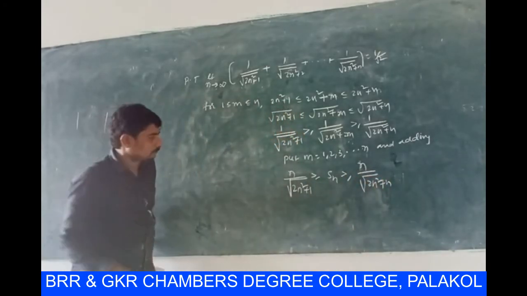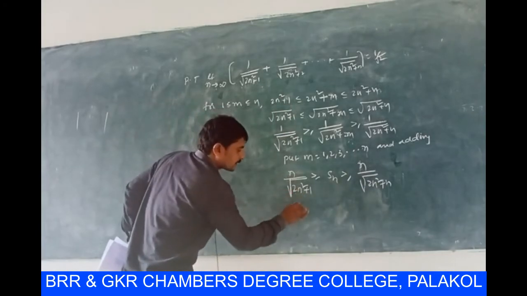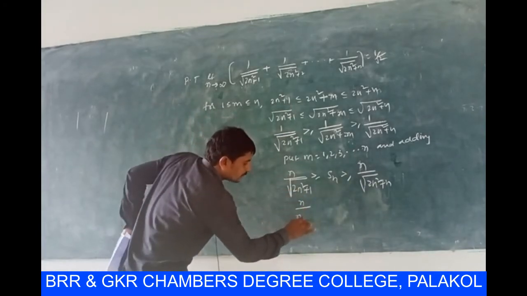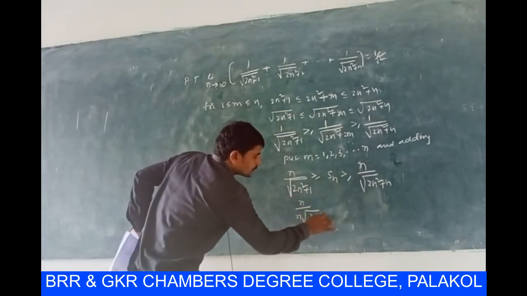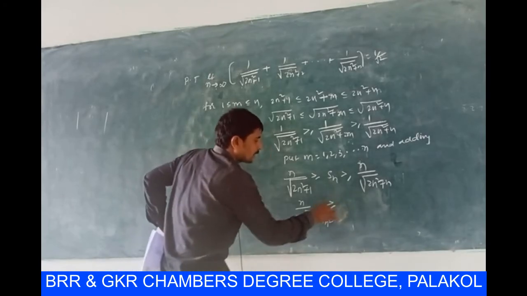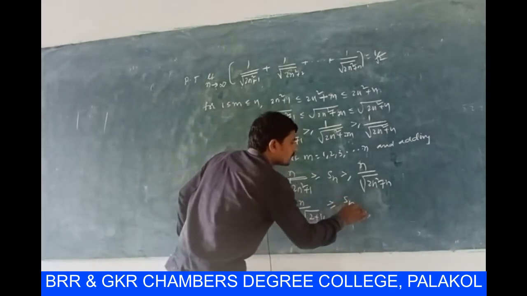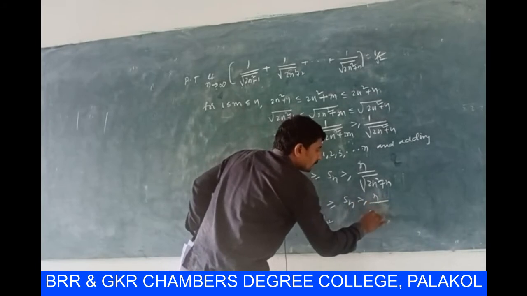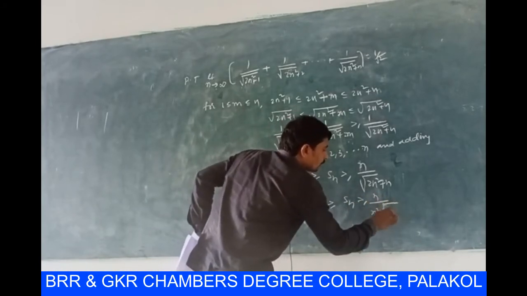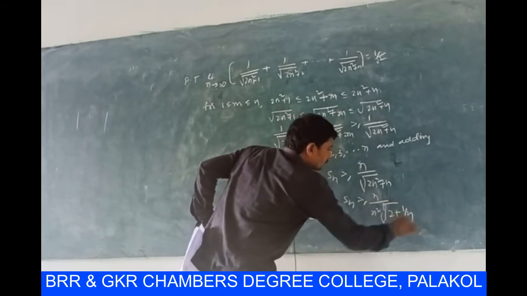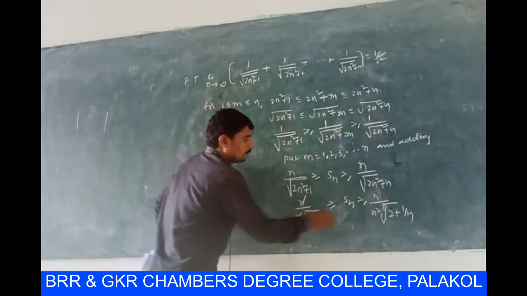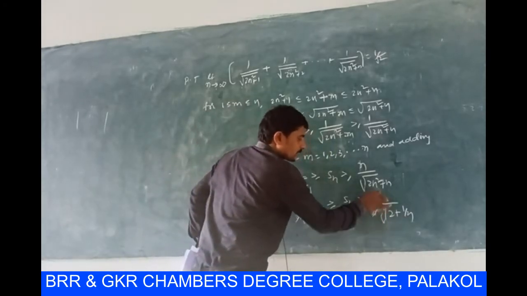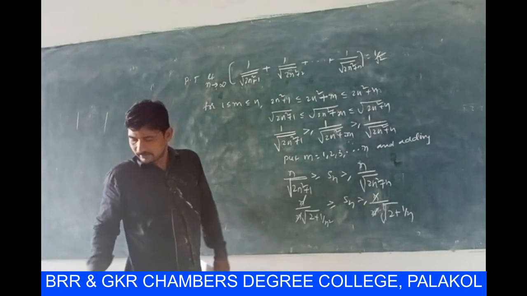Now in this, by taking n square as common, n into root of 2 plus 1 by n square is greater than or equal to Sn greater than or equal to n by n into root of 2 plus 1 by n. n by n will be cancelled, so we got the value.